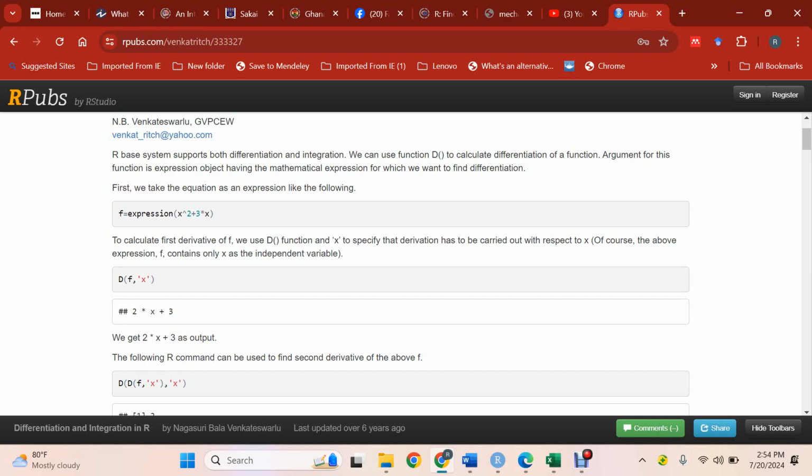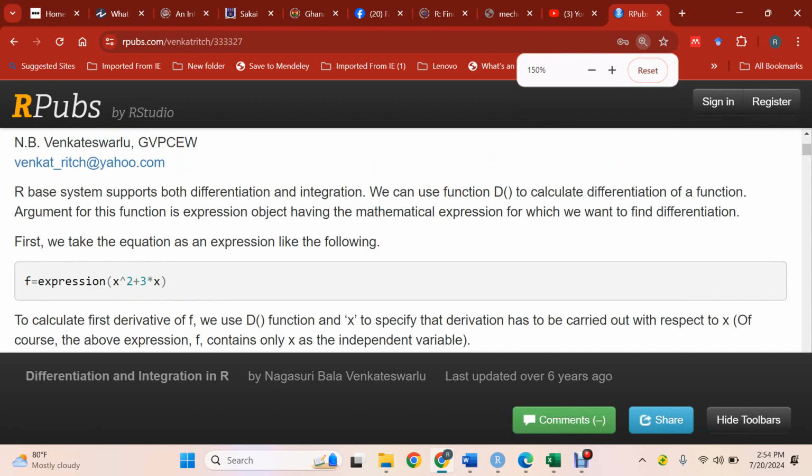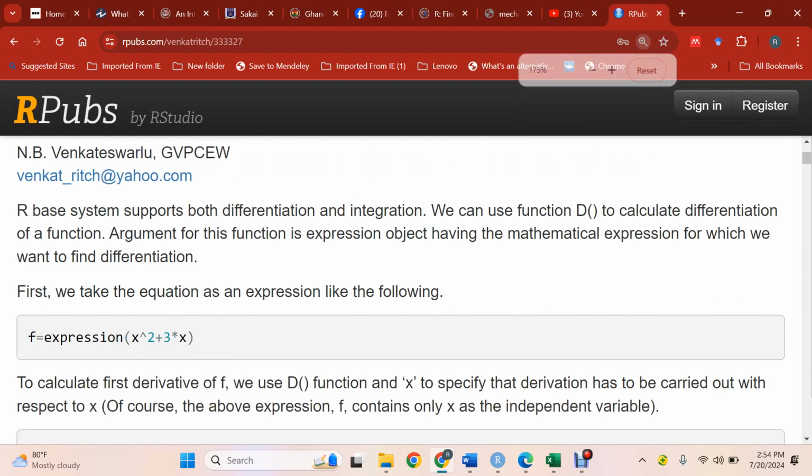you can see. It went off. So I just type differentiation in Google and you'll get something like this. So you write the function as an expression, then you pass it through the D function, which is differentiation, capital D. Like this. So what I need to do is to write F as, let's say, expression. So in this case, it's even S, right?